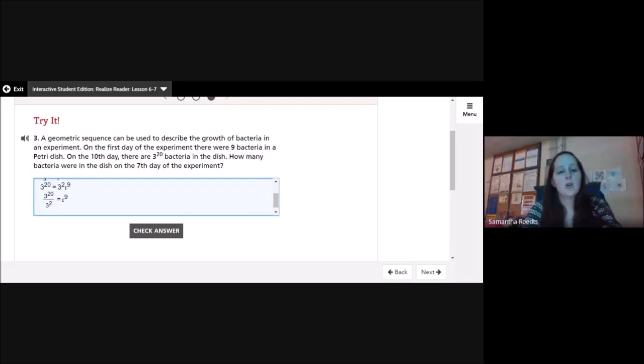They have the same base, so I can subtract their exponents. So 20 minus 2 is 18, so 3 to the 18th power equals r to the 9th.